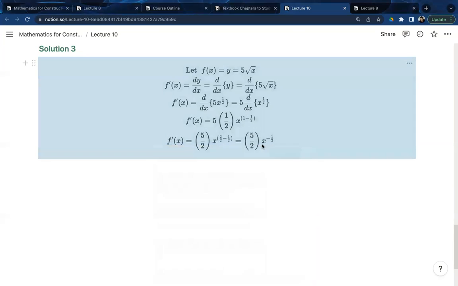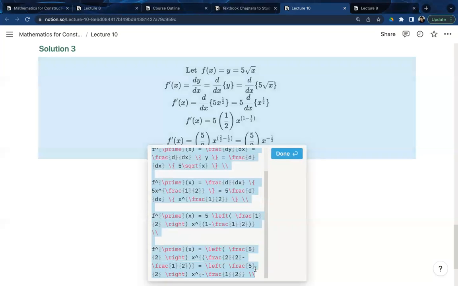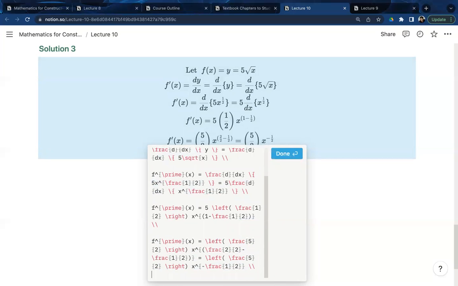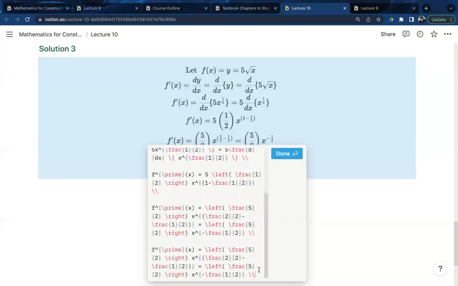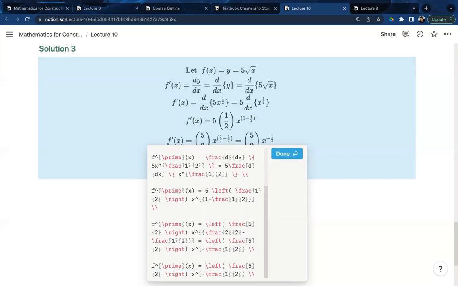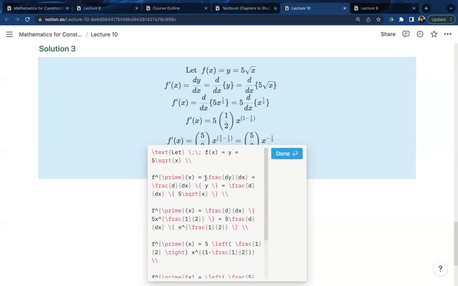And x to the minus half, if I have to rewrite that without indices, that is 5 over 2 times 1 over the square root of x.